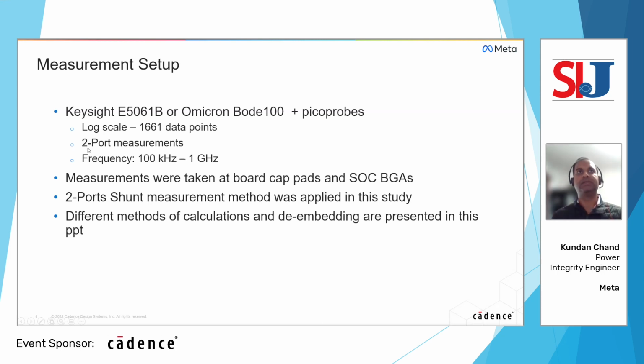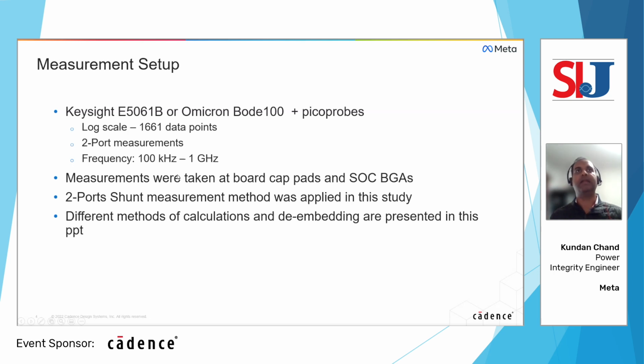Then we use the two-port shunt-through method to do the measurement, which is kind of the standard way. Since the PDN impedance is so small compared to the port reference impedance, we look at the S21, or the transmission coefficient information, and convert it back into the impedance.